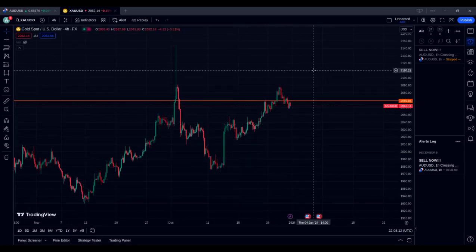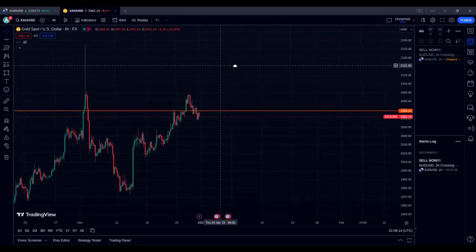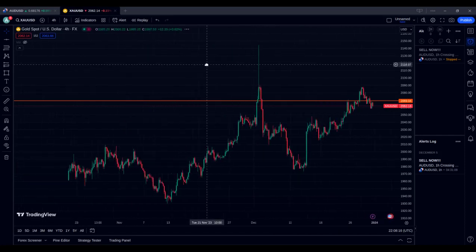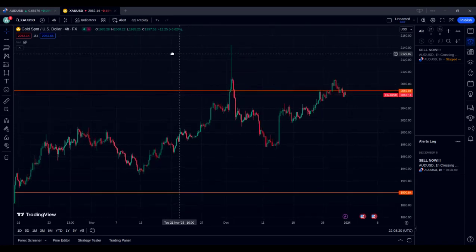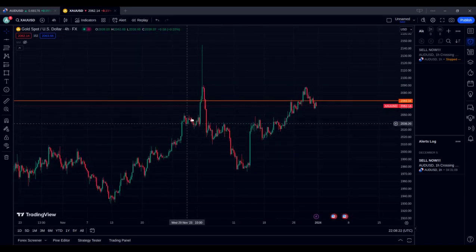Things can happen. So on the 4-hour time frame, we're now moving to the lower time frame, where we can see many opportunities. So what do I do? Pay attention, guys. I'm going to be explaining some key details in this chart.